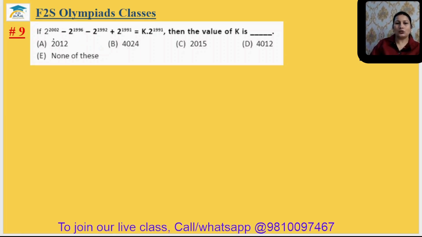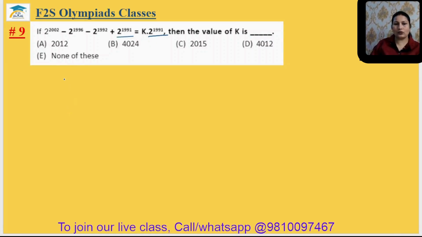Ninth one. 2 to the power 2002 minus 2 to the power 1996 minus 2 to the power 1992 plus 2 to the power 1991 equal to this one. Find the value of k. Okay, so we can see 2 to the power 1991 here, and the last one is also 2 to the power 1991.